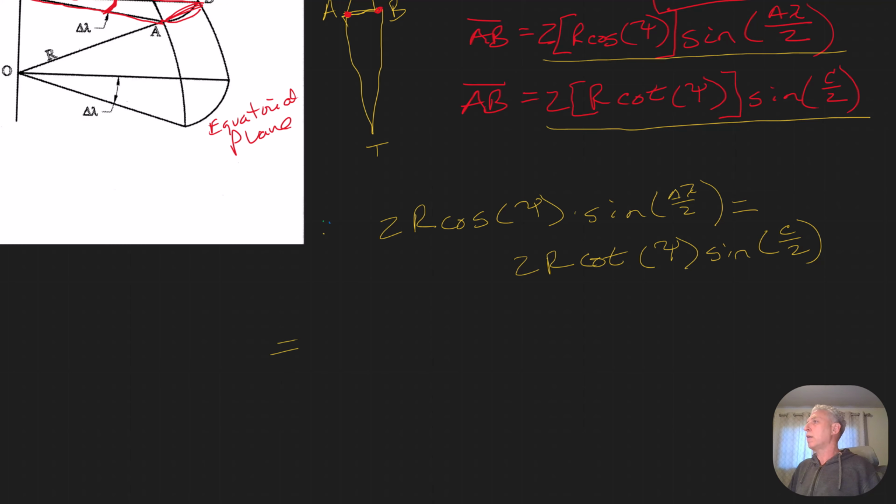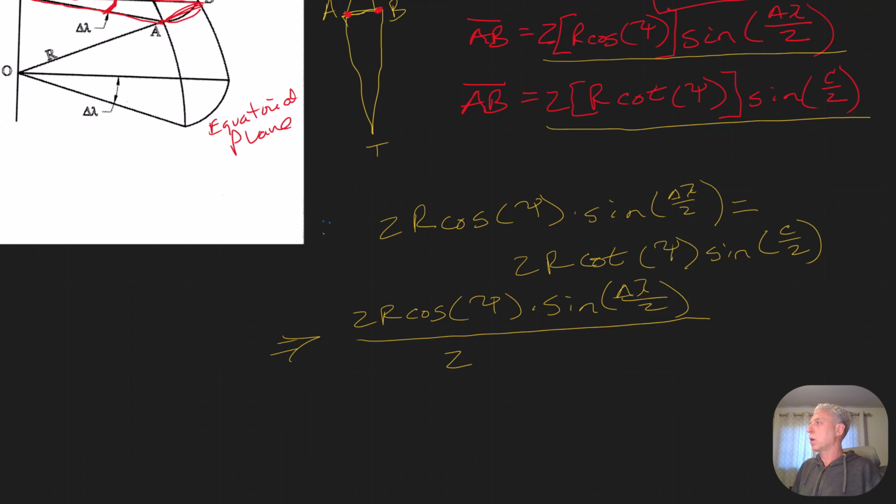It's not that tough. If I take the next step, just move stuff to the other side, I end up with 2r cos psi, this is just baby algebra, times sine of delta lambda over 2 over 2r times the cotangent of psi equals the sine of c over 2.